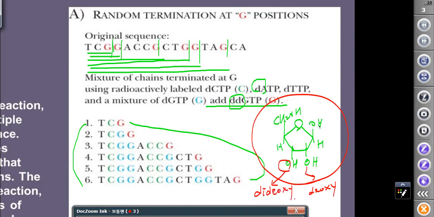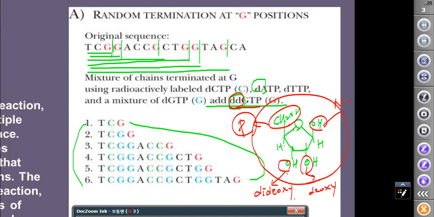Of course, here I attach it to some base, and it is substituted with some phosphate group. Then it becomes a nucleotide. But this is a concept. So dideoxy means this ribose ring lost 2 oxygens.